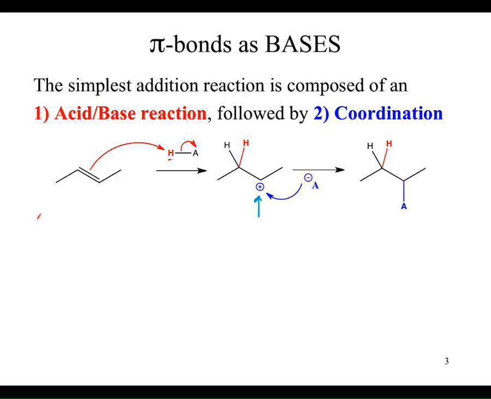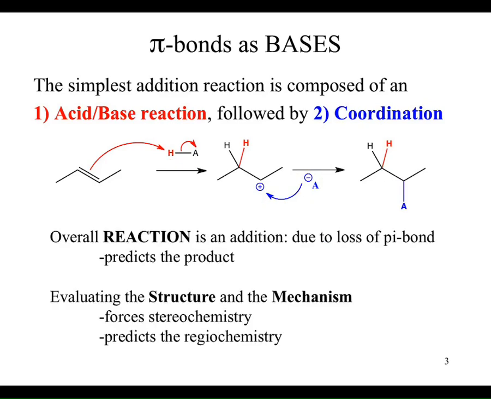Once we have the carbocation, we can neutralize it with the conjugate base of our strong acid, that A-, and that can come in and permanently stabilize. And we'd end up with our final product, the full addition, where we've added hydrogen and A, our conjugate base, to this.